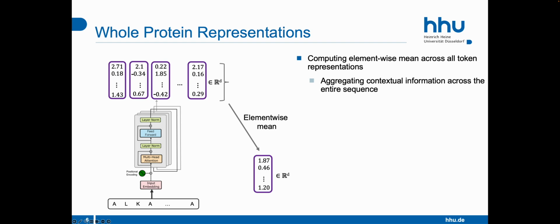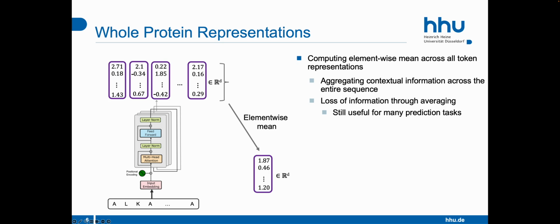But each representation contains not only information about the amino acid itself, but also contextual information. And by averaging these vectors, we aggregate the contextual information over the entire sequence, resulting in a representation that reflects the overall properties.